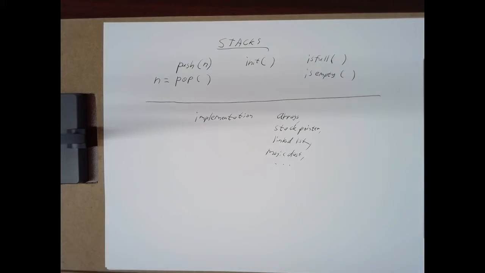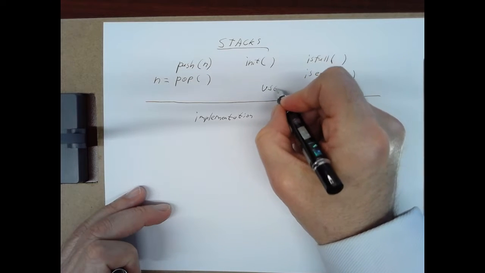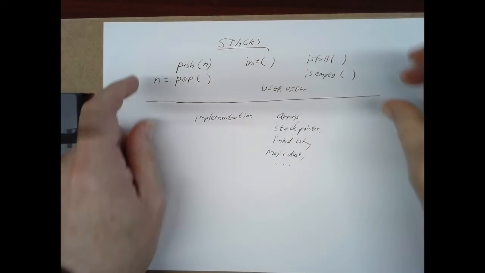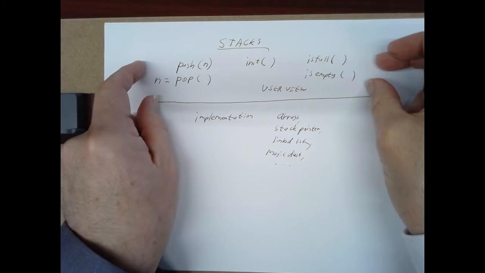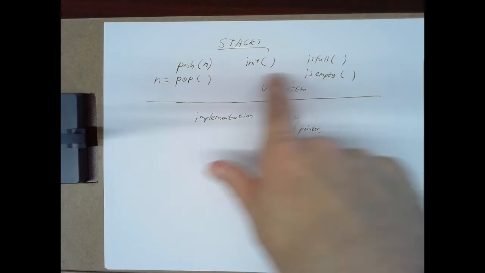There's a lot of ways we can implement a stack. But up here, the user view of a stack is just this. Push, pop, init, is full, is empty. Okay, it could be other things, but we'll just stick to these five. That's how the user, your main program, for example, interacts with the stack, is through these things.